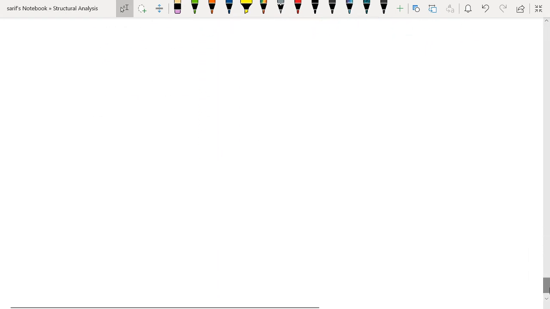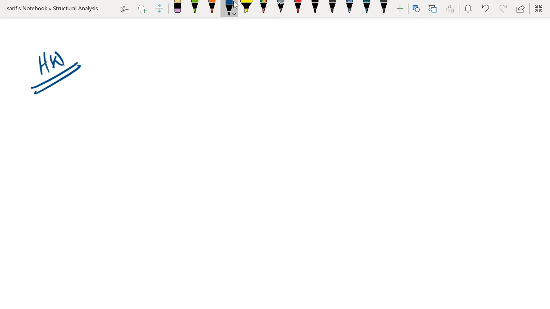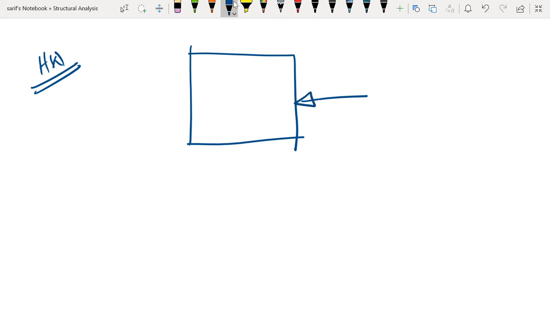Next, you can do this as homework. Try this for yourself. The question is, this is 14.2 megapascal and this is 8.2 megapascal.